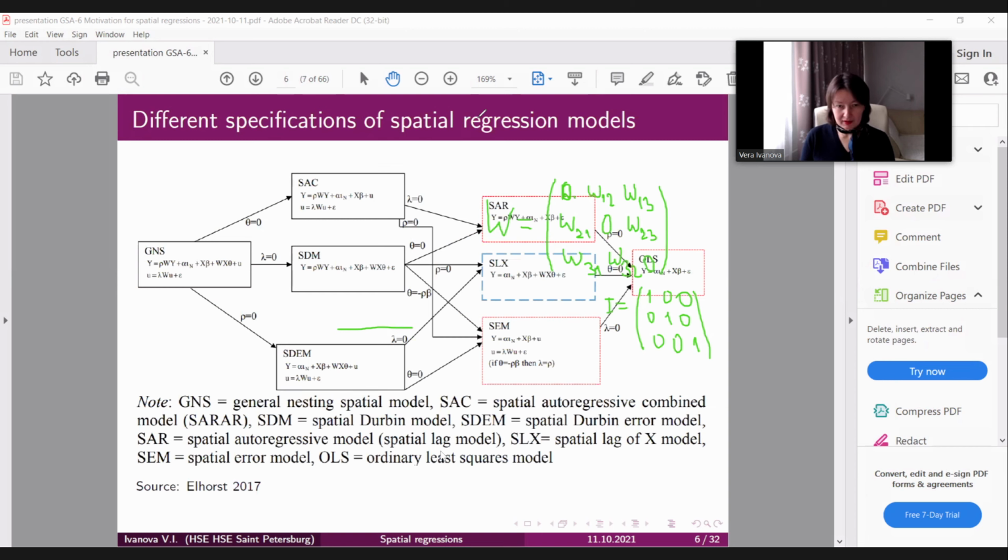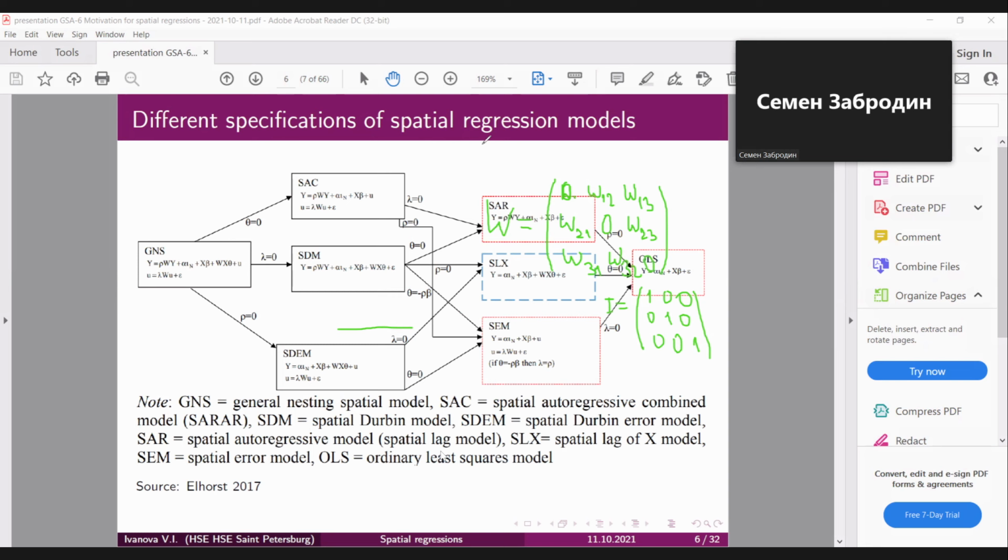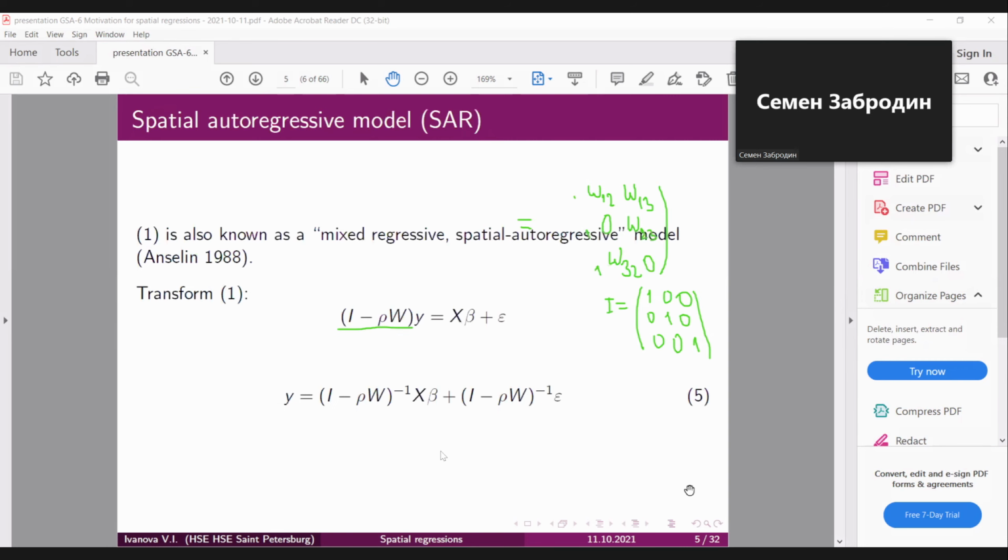Excuse me, could you please turn back? Yes, just a second. So finally we have this equation, and we assess betas from this equation. When we get the betas, will they be biased by this matrix form I minus ρW, or will they be cleaned of it?